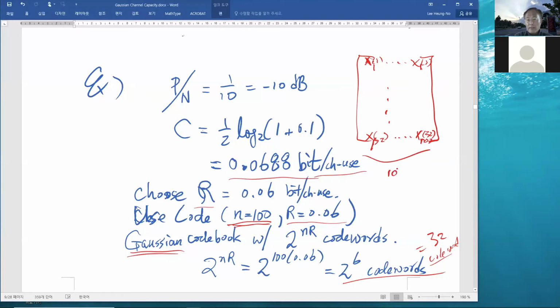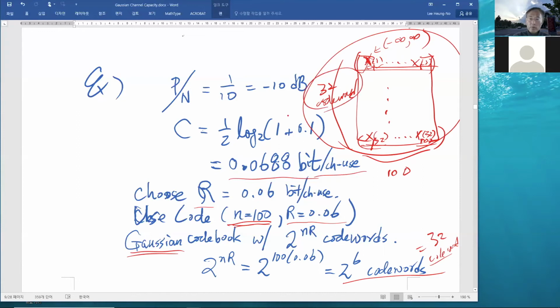So the length is 100, you have 32 code words, and each element is a Gaussian random sample. Each one is a Gaussian random sample, and then you have 32 code words like that. So that's your codebook. Each code word has length 100. That's what we mean by a Shannon code.